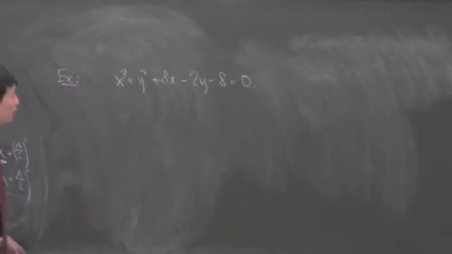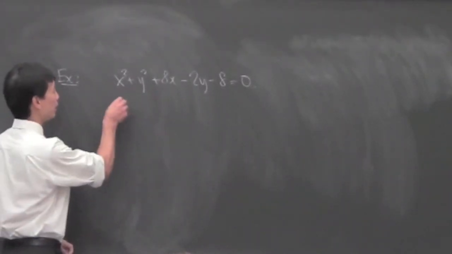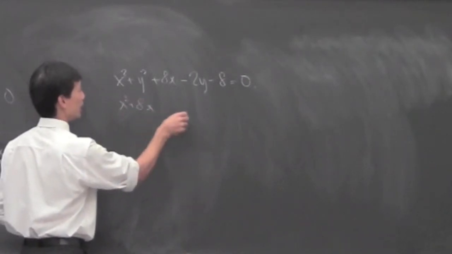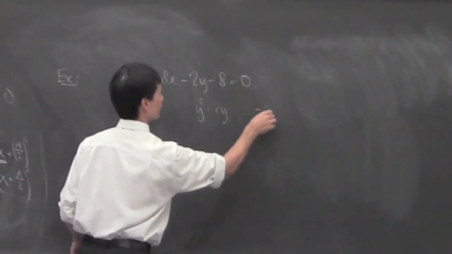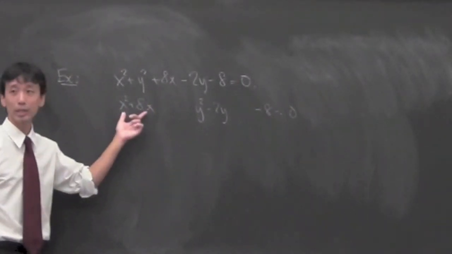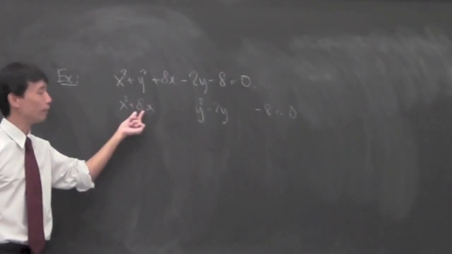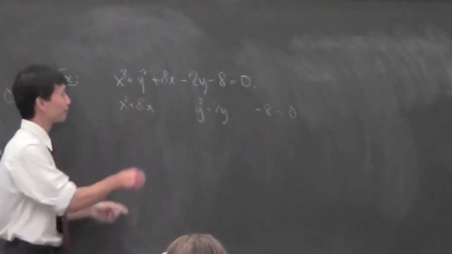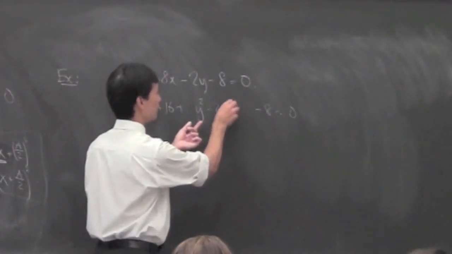Let's do it together, since we're running out of time. So I got the x squared, I got the 8x, I got y squared, I got minus 2y. So what do I need to add for this guy? 4 squared? Yes, 16. What do I need to add for this guy? 1.